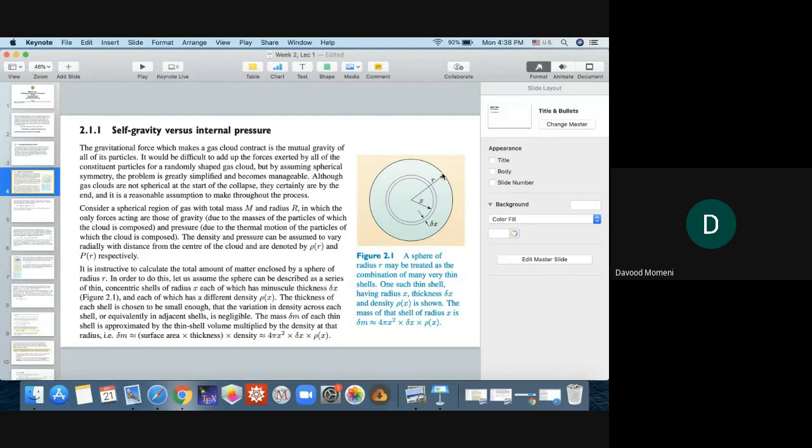Do you remember? I said that in my previous lecture, if you remember. There is a condition that if you impose it, you will get the final expression for the radius of the star.